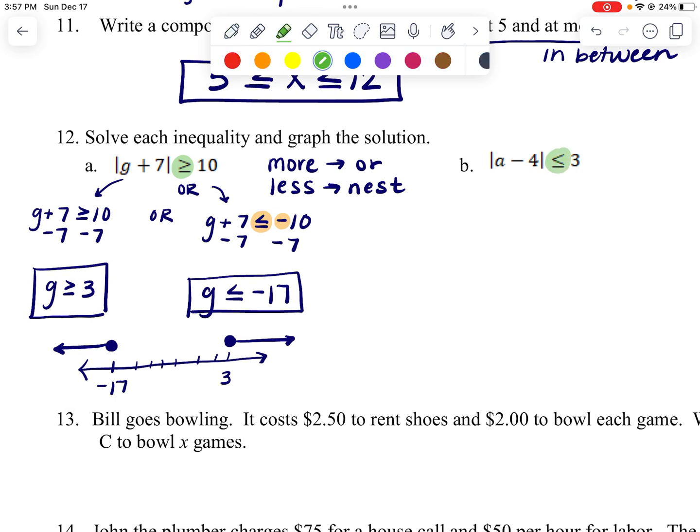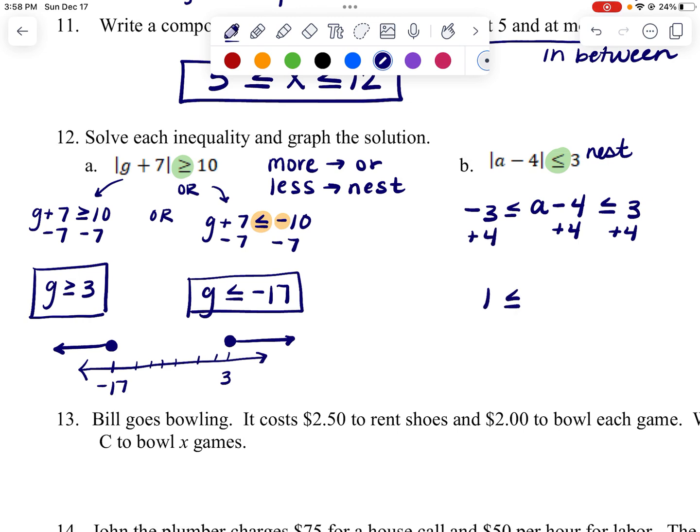Looking at the next one, this sign is less, and so we're going to nest, which means I put the a minus 4 in the middle, and I make the negative on the other side. The signs always face the right. And then we solve it like we did up above, where you would add 4 to all 3 parts.